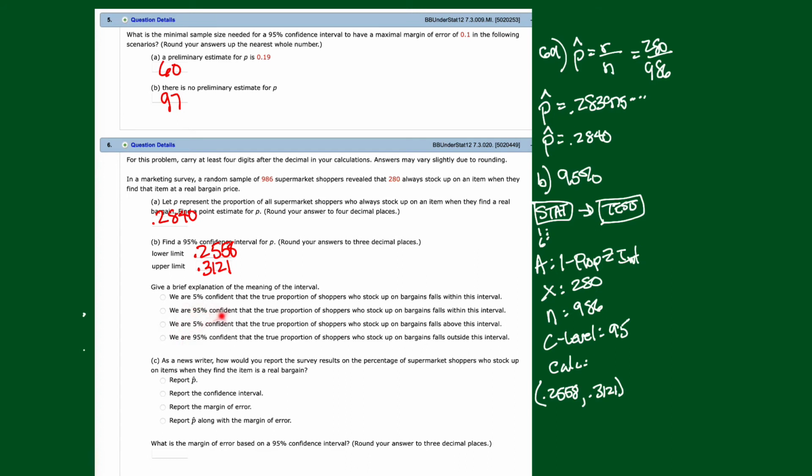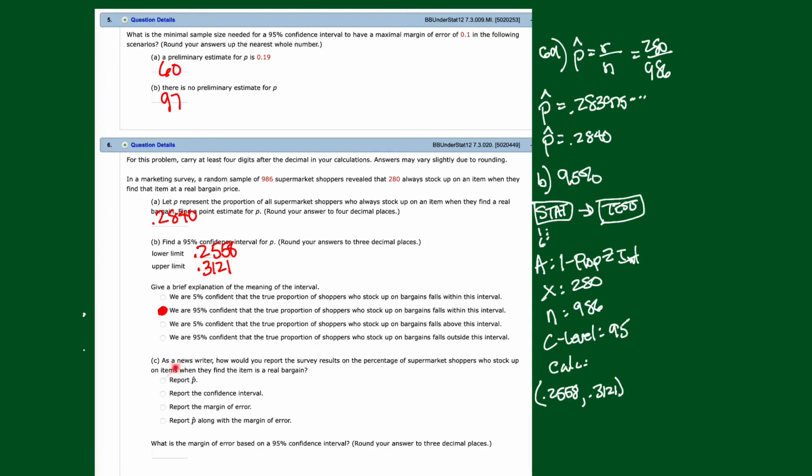We're 95% confident that the true proportion of shoppers who stock up on the bargains falls within this interval. That sounds reasonable. What's the other one here? We're 95% confident that the true proportion of shoppers who stock up falls outside the interval. Well, that makes no sense. Let's go with the second one here. We're 95% confident that the true proportion is within our interval.